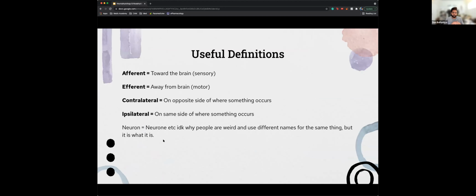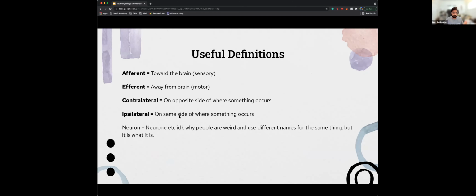So a couple of useful definitions to start off. This is probably something that would help you a lot, because I remember going into neuro and it took me a while to understand that when they're talking about neuron and neurone and all those other things, they basically mean the same thing. So don't get confused.